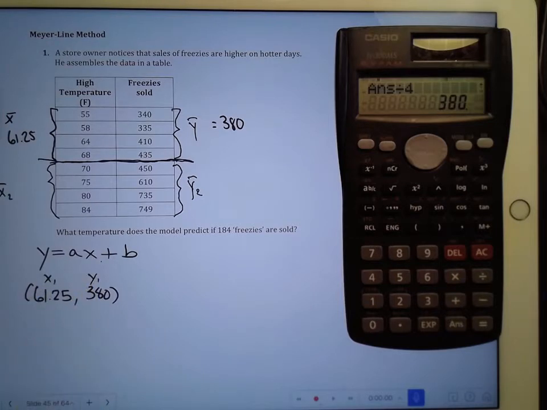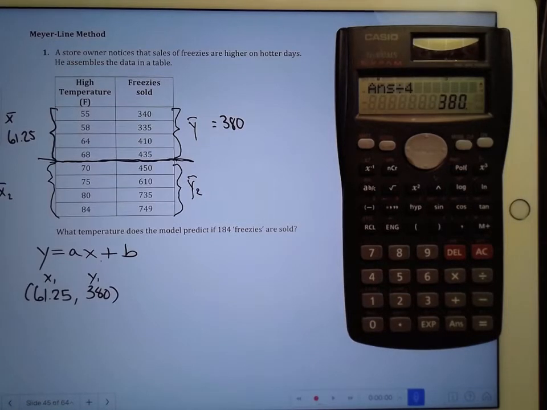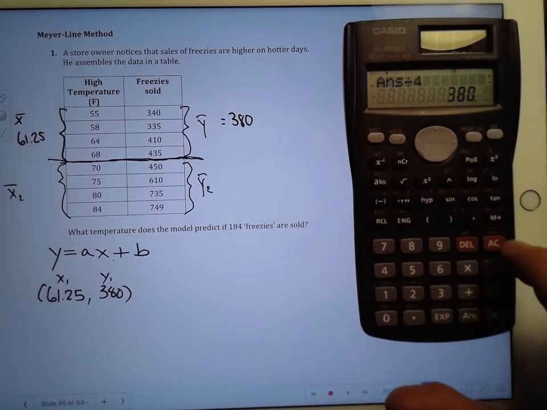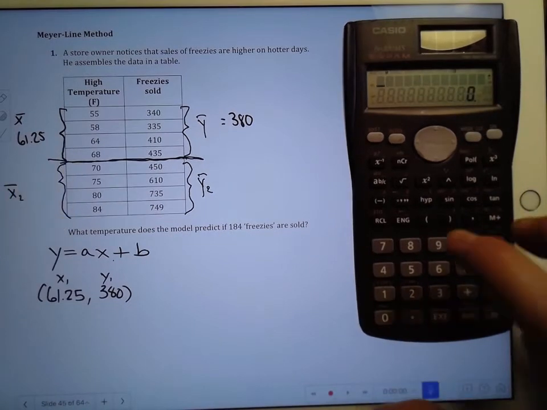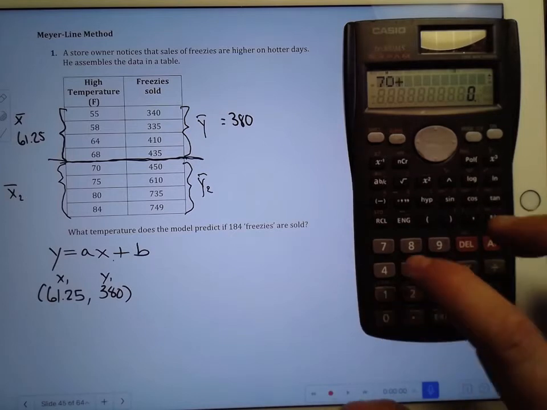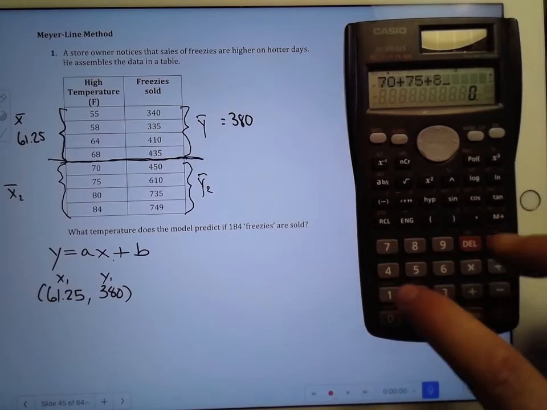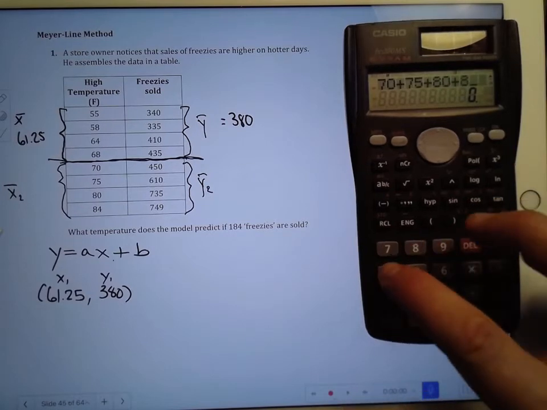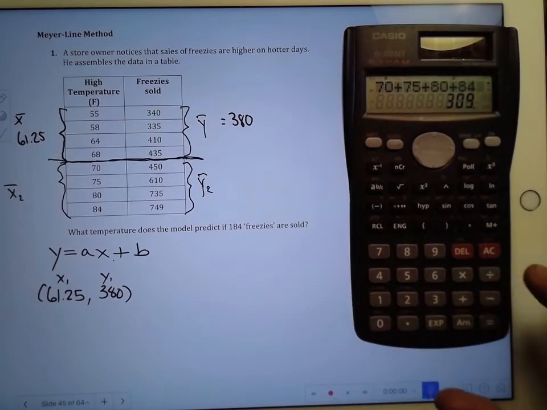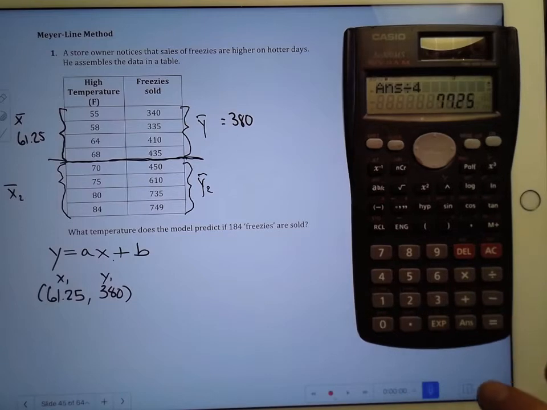And we know for calculating A, we need 2 x's and 2 y's, a P1 and a P2. So we're going to now get the average of the second half of the distribution to create our second point. So to do that, we'll get the average of those x's right there. So that's 70 plus 75 plus 80 plus 84, which comes to 309. We're going to divide that by 4 since there were 4 of them, and 77.25 is my x there.